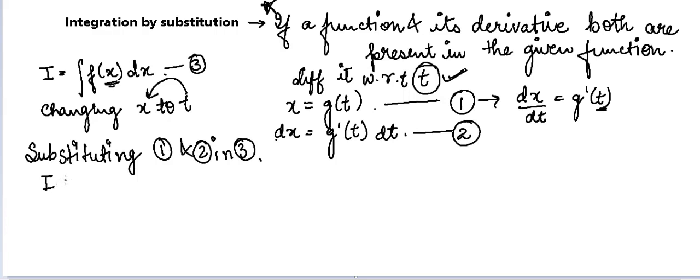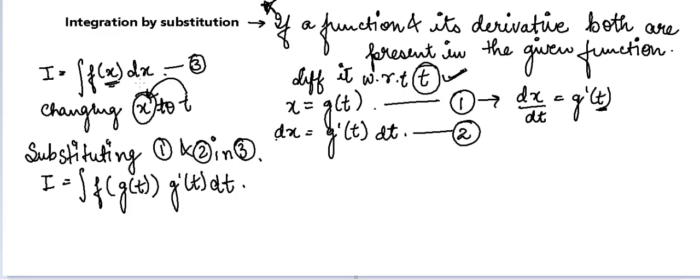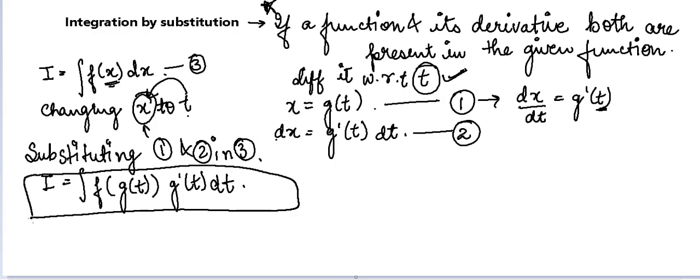So what you get is f(g(t)) g dash t dt. This is basically changing the variable x into the variable t, which is dependent on x. You just substitute these two values and you get the substitution method. This will end the substitution method.